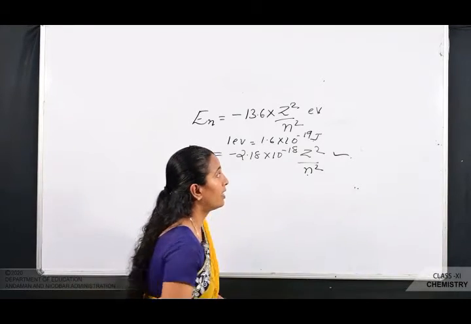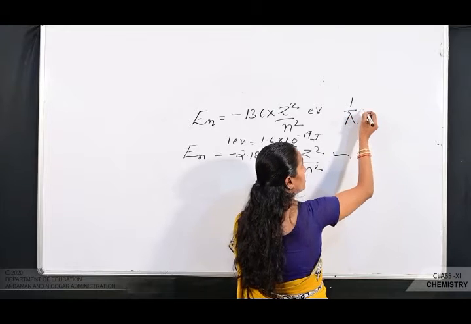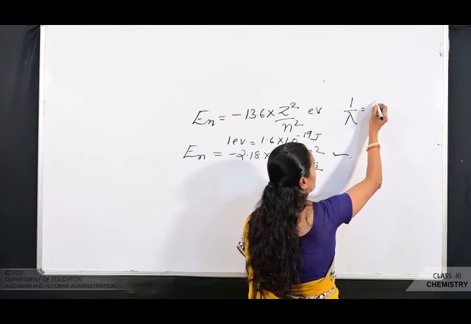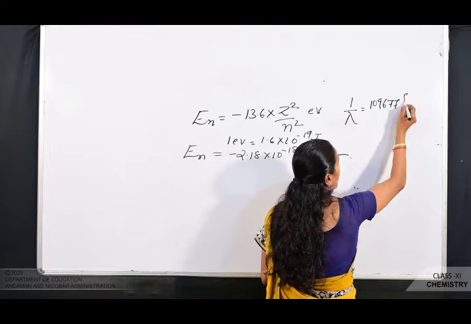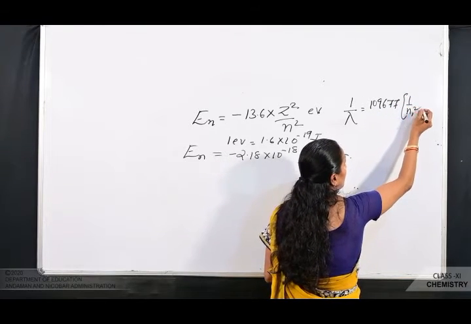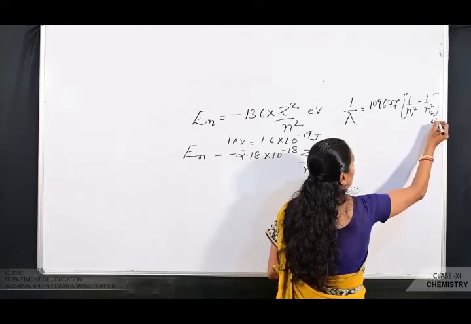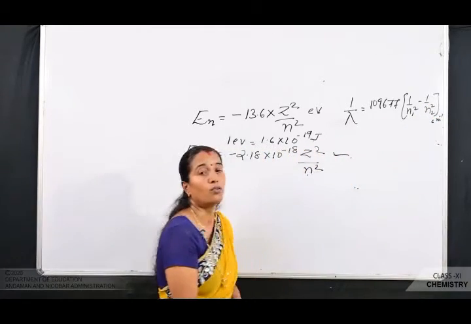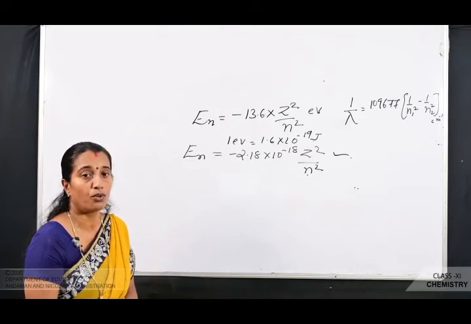Rydberg's formula is 1 by wavelength, or nu bar, equals 109,677 times (1 by n1 square minus 1 by n2 square) centimeter inverse. This is the formula. Now we will see how Bohr's theory has proved this formula.